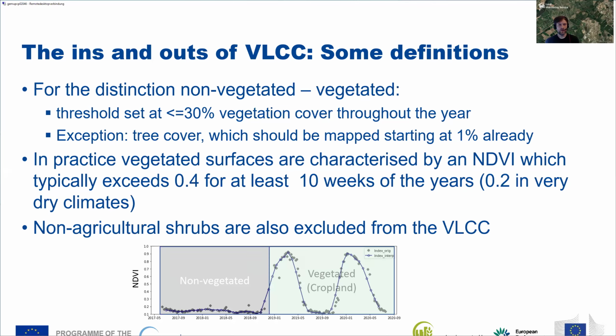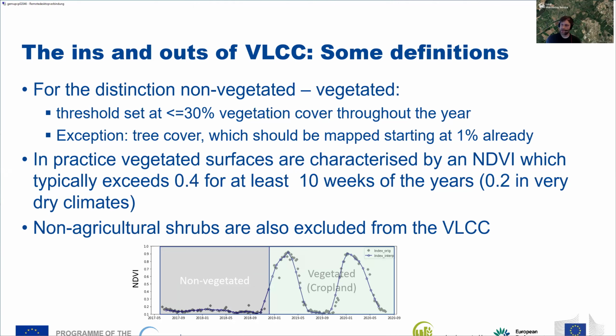And how is this distinction made in practice? We use NDVI values to distinguish vegetated surfaces from non-vegetated areas. For Central Europe, or in general, a threshold is used where vegetated areas are considered with NDVI values of 0.4 or above.